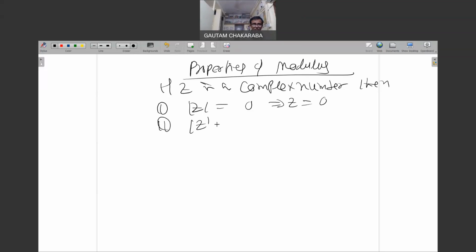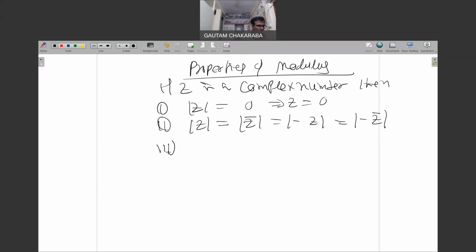Second, modulus of Z is equal to modulus of Z conjugate, which is equal to modulus of minus Z conjugate, which is equal to modulus of minus Z.